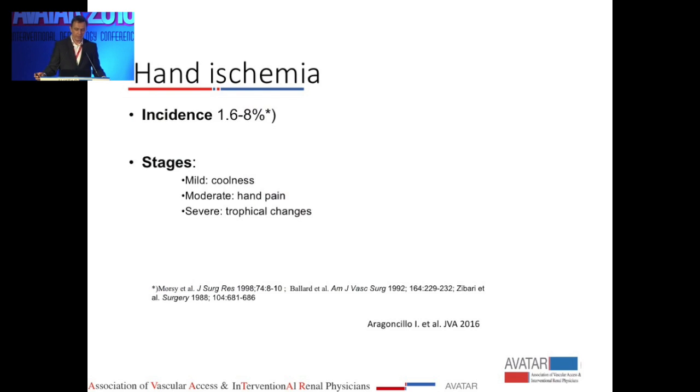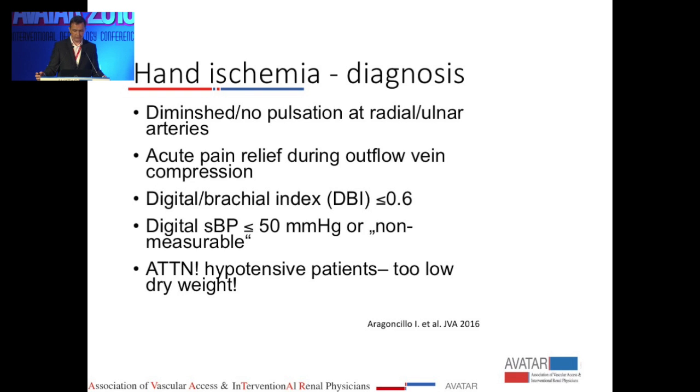Finally, hand ischemia could be a consequence of high flow access, and very shortly, its incidence is up to 8 or say 10% of our patients if we include also the milder stages. The diagnosis is based on diminished pulsation at radial and ulnar arteries. If the patient suffers from acute hand pain, then compression of the outflow vein could help him or her.